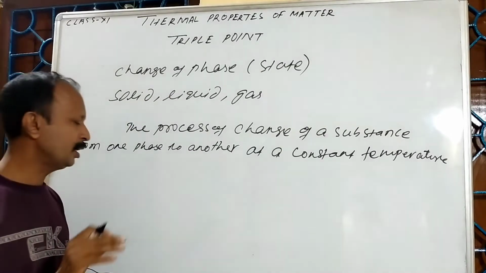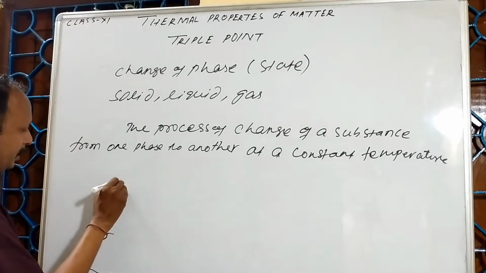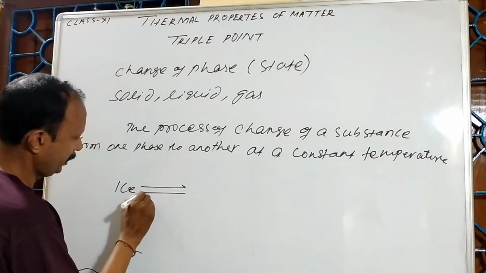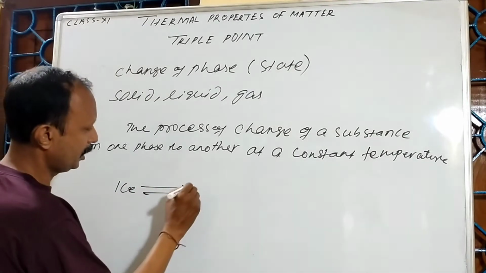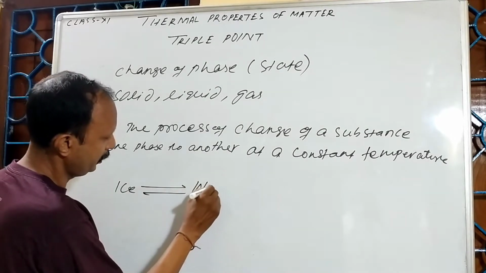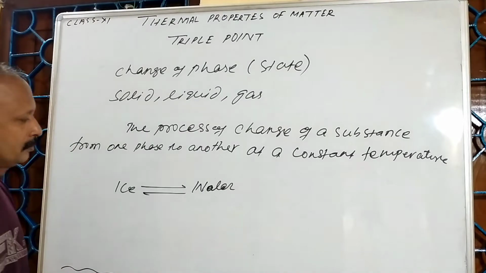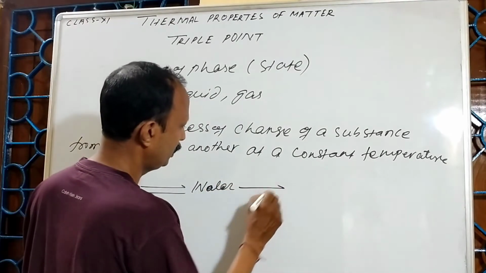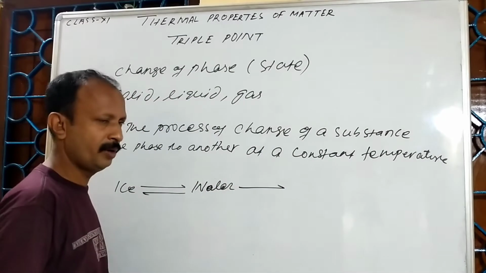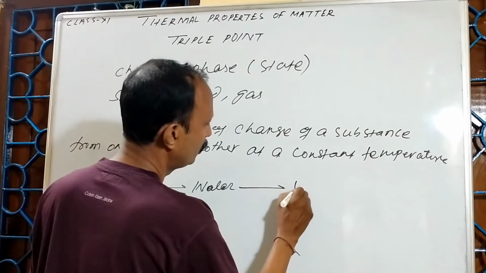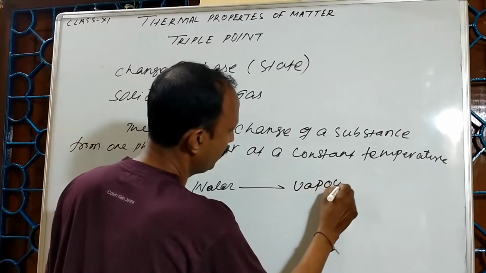For example, you see that we have taken the ice. We are supplying heat. After that, we are getting water. At the same time, if you continue to supply the heat, one stage comes where we get the vapor.